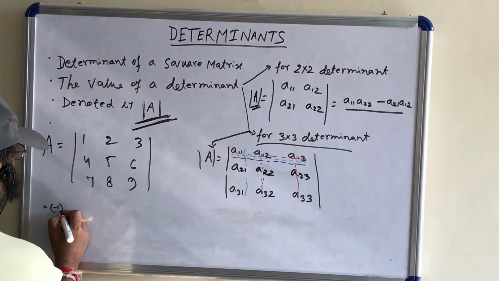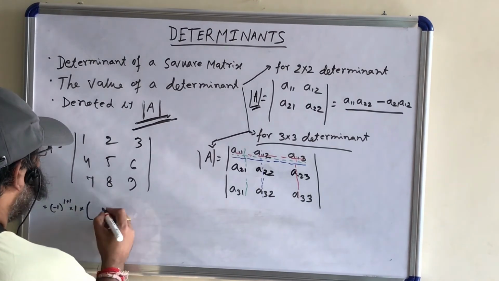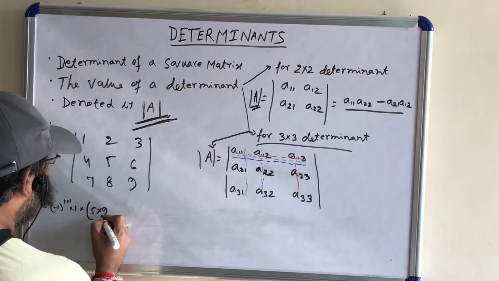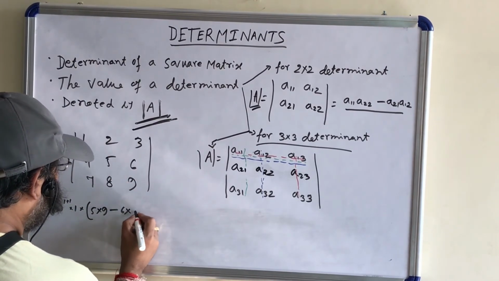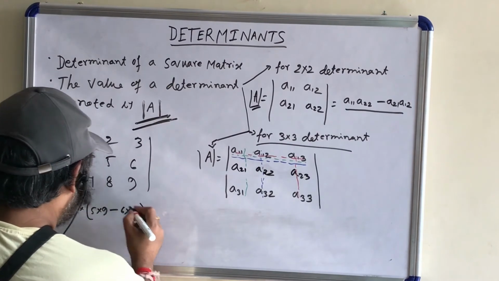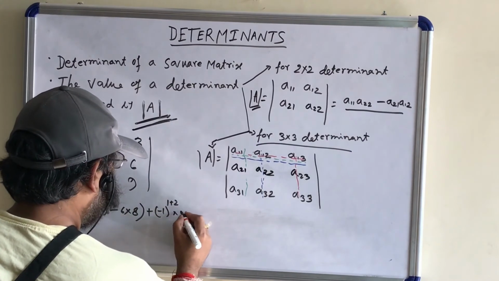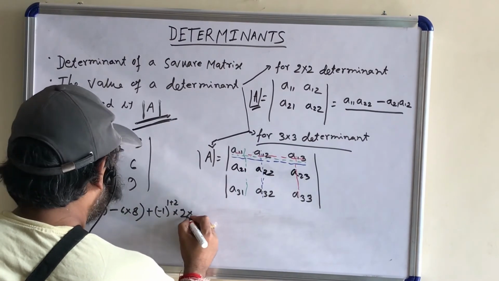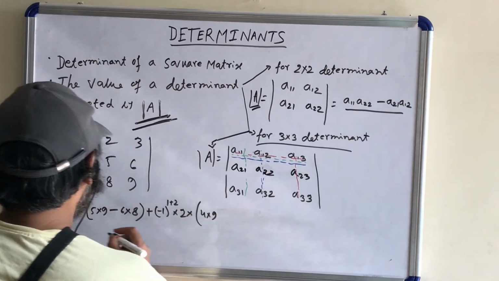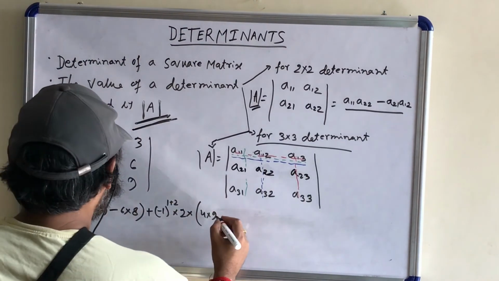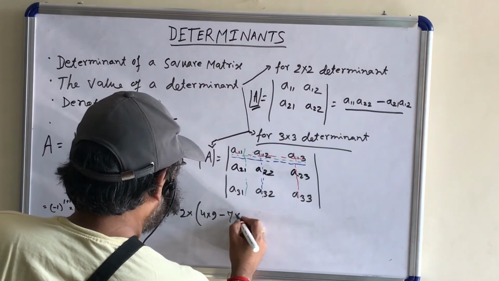First, minus 1 whole to the power 1 plus 1 into 1 into 5 into 9 minus 6 into 8, plus minus 1 whole to the power 1 plus 2 into 2 into 4 into 9 minus 7 into 6.